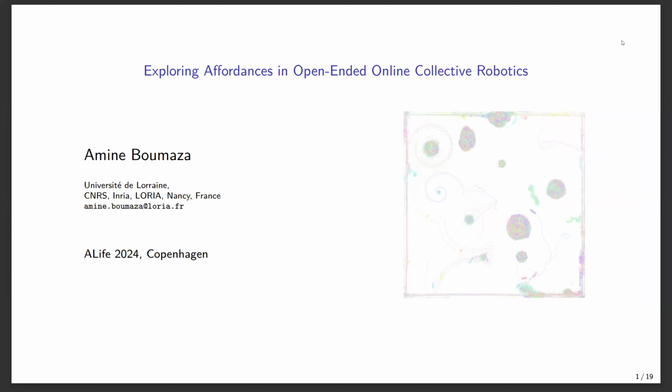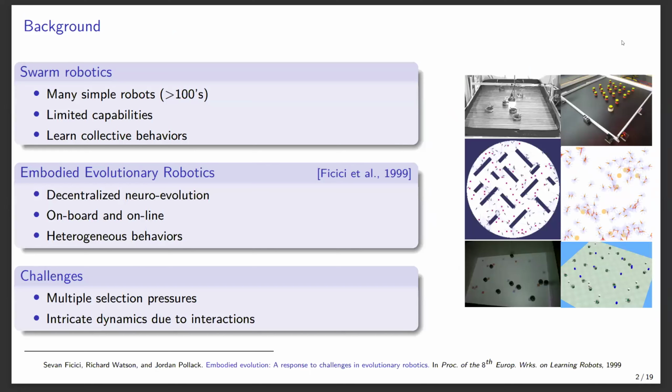But first, some background. I am interested in swarm robotics. I'm interested in learning collective behaviors with many, many small, tiny robots that are simple with limited capabilities. And for that, I'm using a special framework in evolutionary robotics, which is embodied evolutionary robotics, where the evolution is decentralized and embedded inside the agents themselves.